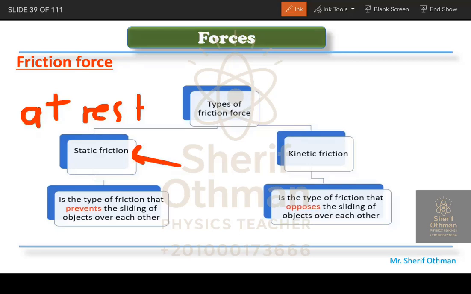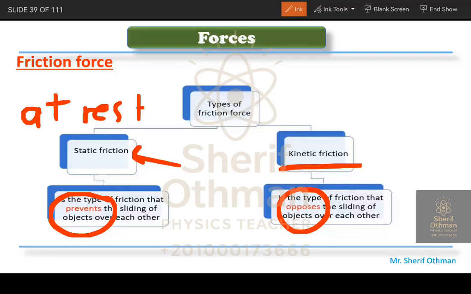It prevents the object from motion, and here is the key word, prevents. While kinetic friction is the friction force that opposes or slows down the object's motion. So kinetic friction is the type of friction which opposes the object's motion.